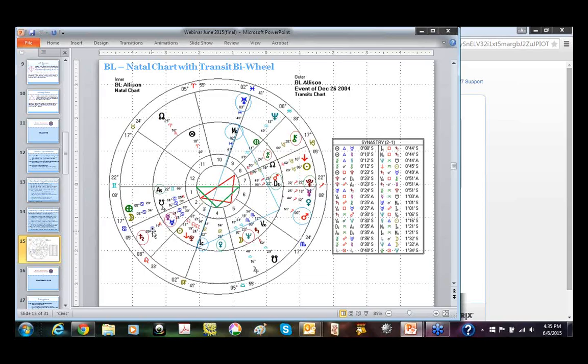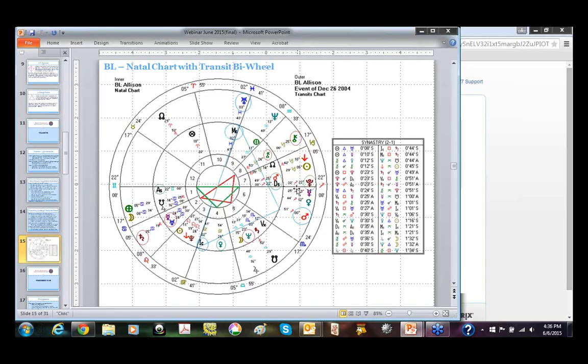Saturn, structure, opportunity. Chiron, adjustments and changes. Uranus, changes, electrification. I mean, there's all kinds of things going on here, stimulating a variety of things.